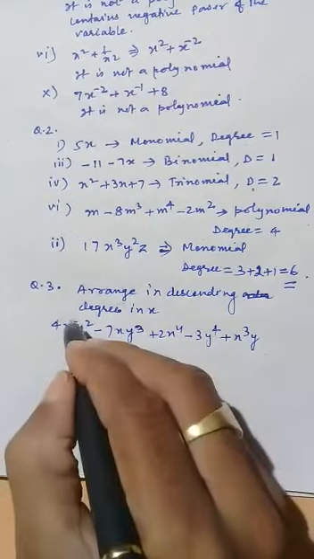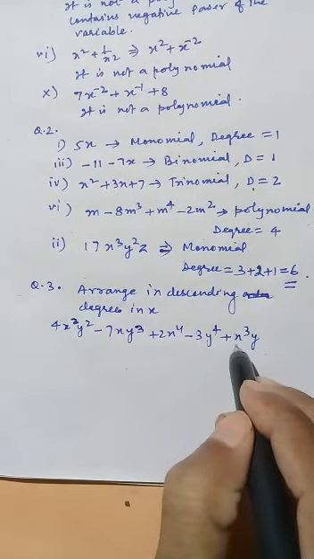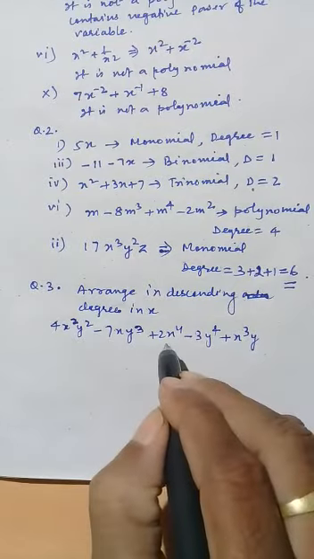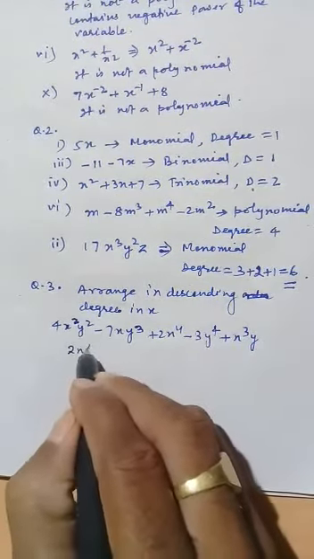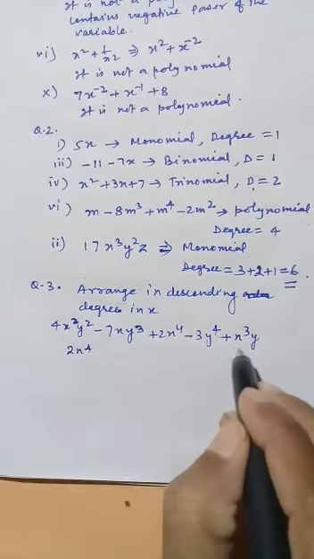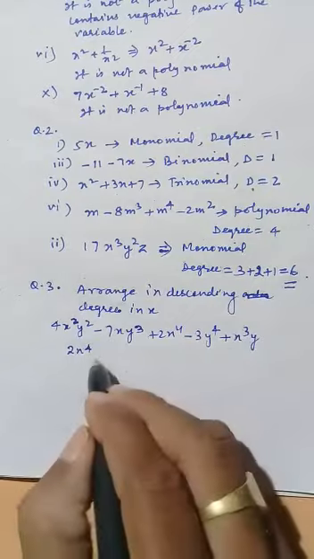Then see, we have to see x. So what is the maximum power of x? x to the power 4. That term will be written first, 2x to the power 4. Thereafter x cube y, the second term.